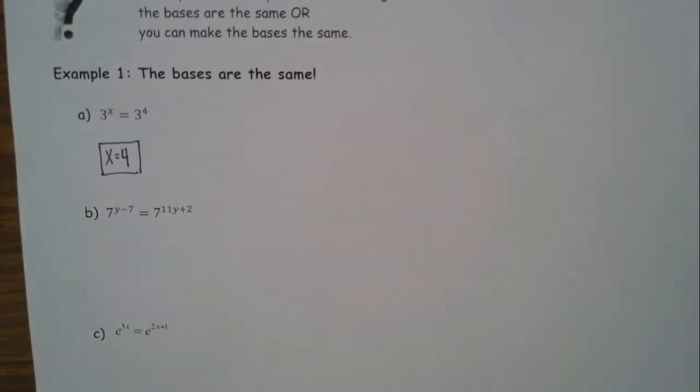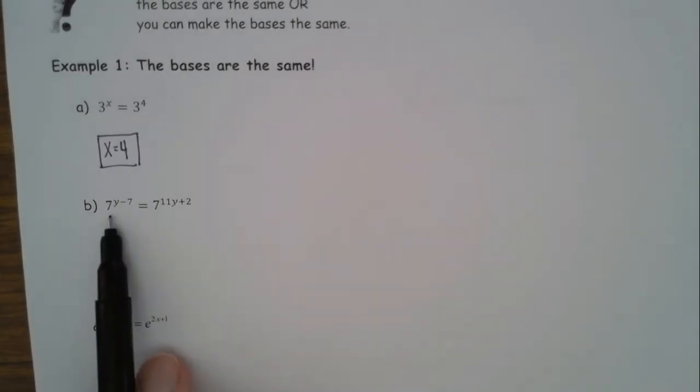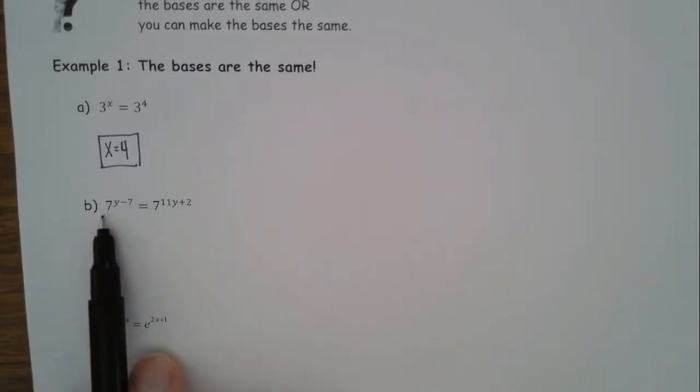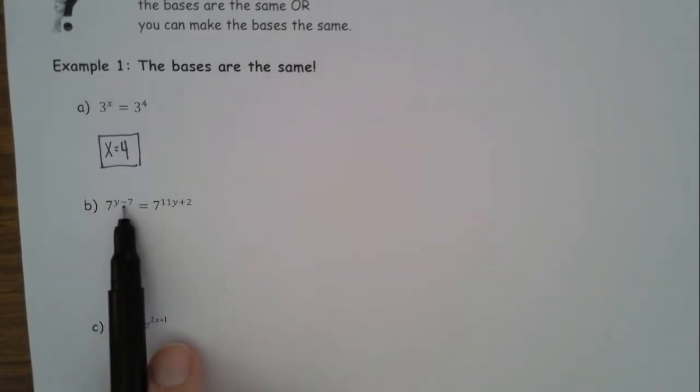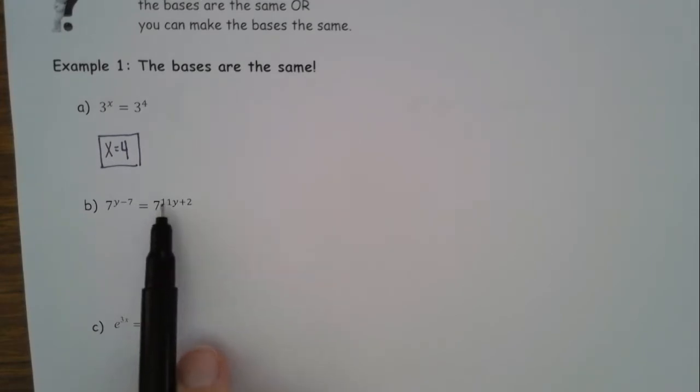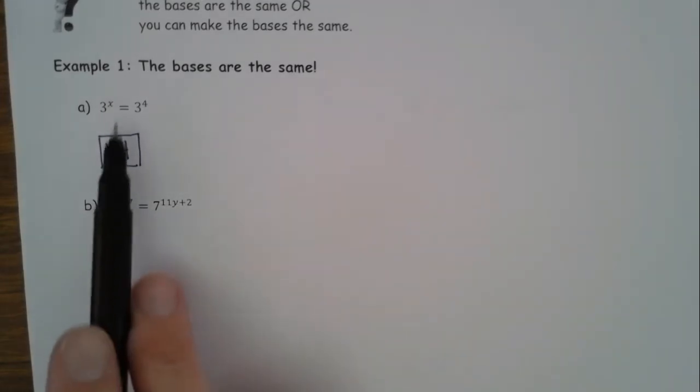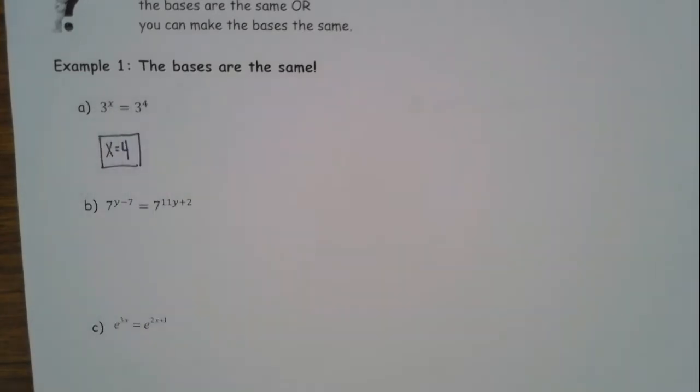But if we look at example B, we still have the same base on the left-hand side as we do on the right-hand side. They're both 7s. But on the left-hand side, my 7 is raised to y minus 7. And on the right-hand side, my 7 is raised to the 11y plus 2. It's not as easy to identify the value that would make the statement true.